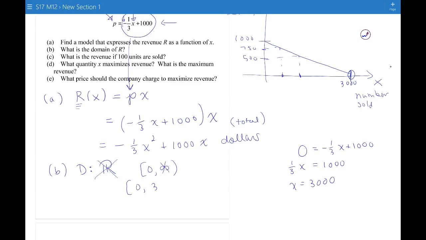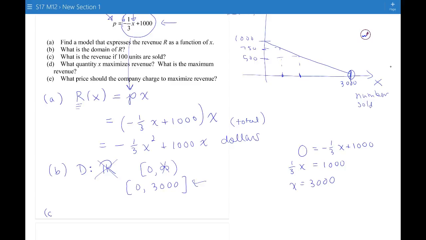So you'd have from 0 to 3,000, and it doesn't make any sense to have more sold than that when the price would become a negative number, which really doesn't make any sense at all. So these demand graphs are always in the first quadrant only, and then the revenue graphs only make sense in the first quadrant only. Actually, revenue can be negative, I take that back, but it needs to be positive values of X. So the domain is from 0 to 3,000 are the only values of X that make sense.